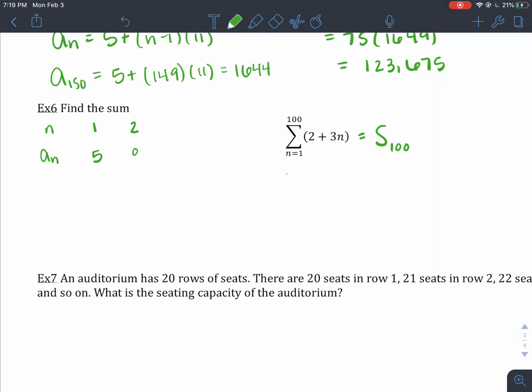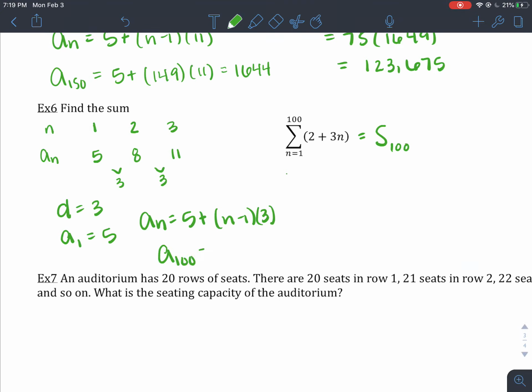When n is 2, our second term is 8. When n is 3, our third term is 11, and so on and so forth. You can see that our common difference is 3. So d is 3, and our first term, a sub 1, is 5. So that means a sub n is 5 plus n minus 1 times 3.